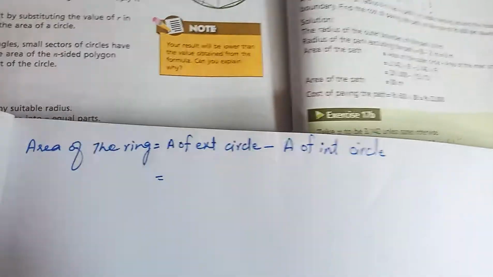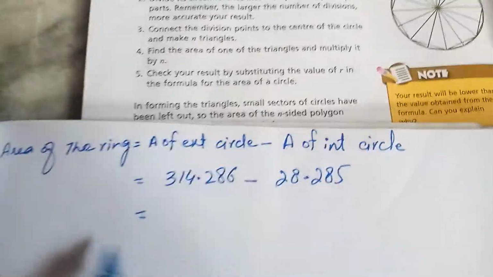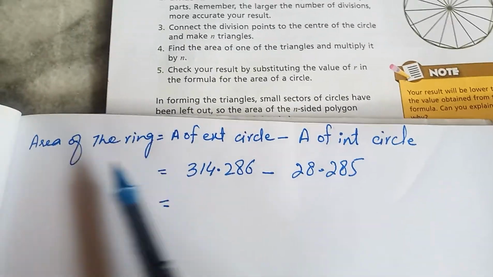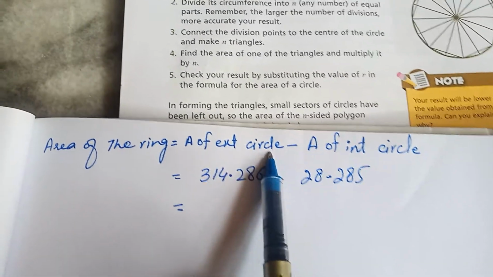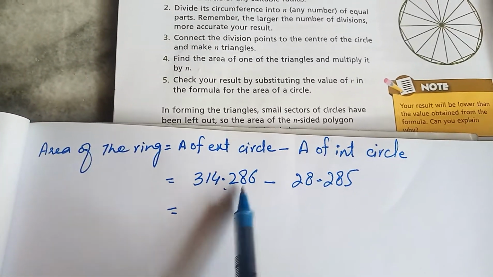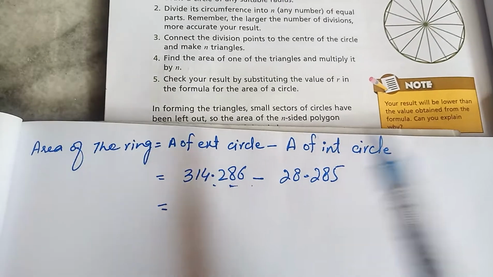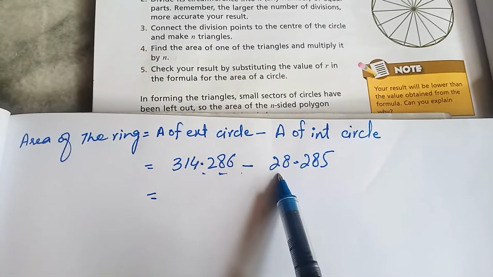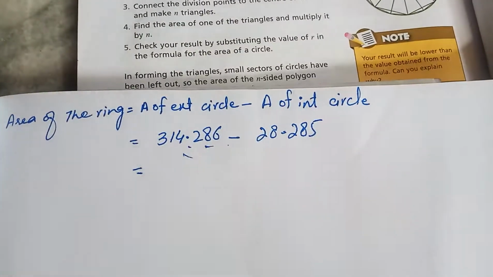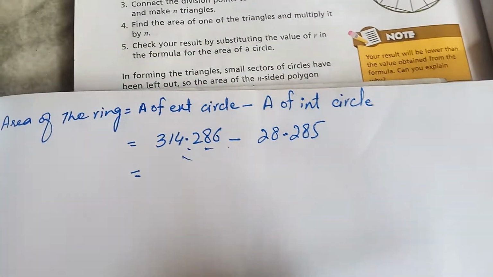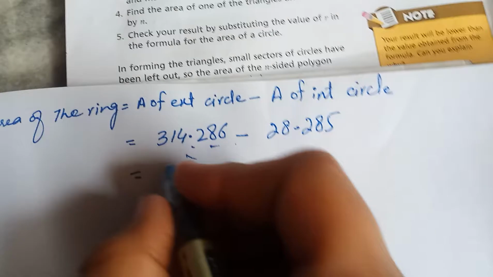What's the area of the external circle? Area of the ring is equal to area of the external circle, that is 314.286, and then the area of the internal circle, that was 28.285. Now we will get the difference of these two, that is 285.901.